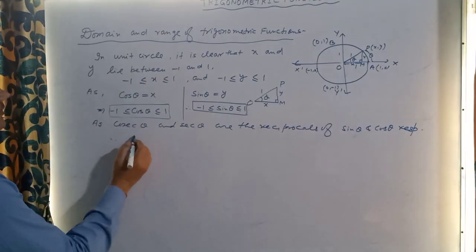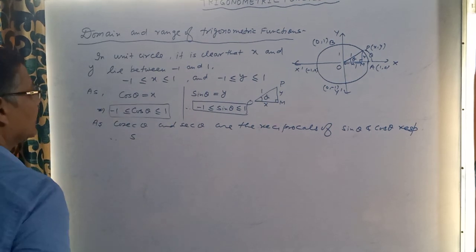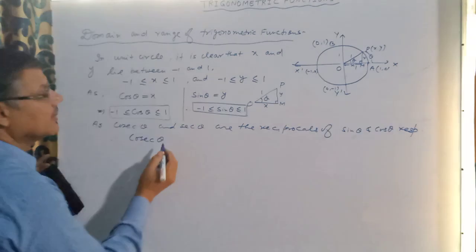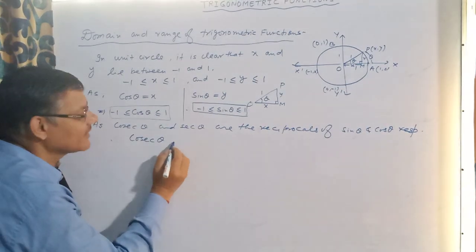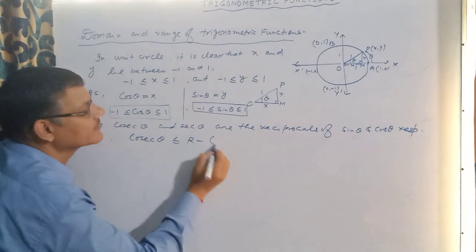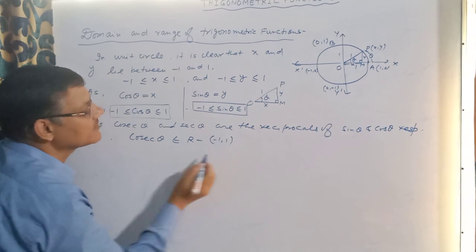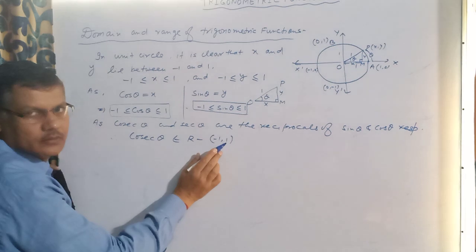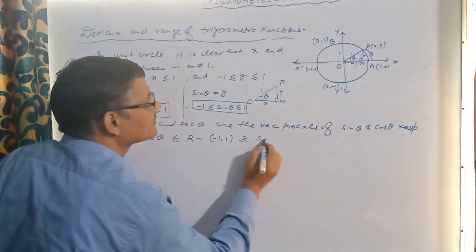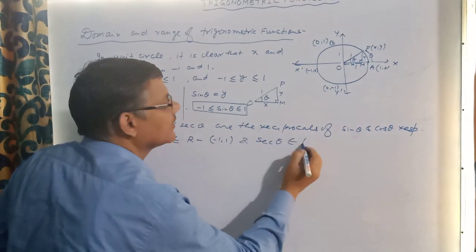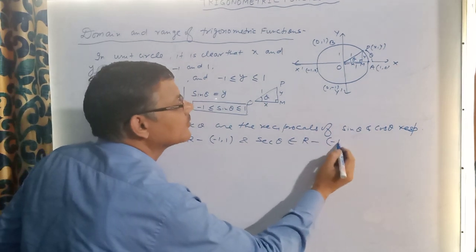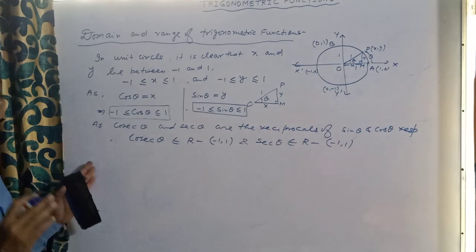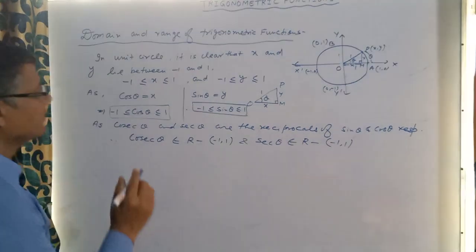Therefore cosec theta is an element of R minus (-1, 1). It means it does not take values between minus 1 and 1. And sec theta is also an element of R minus (-1, 1). In the case of tan and cot, we are free, they can take any value.